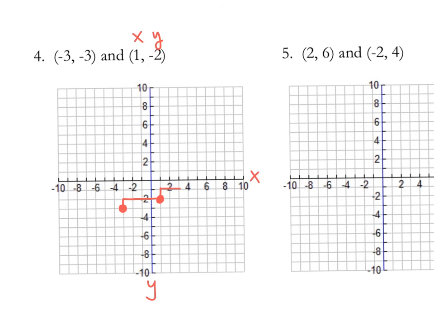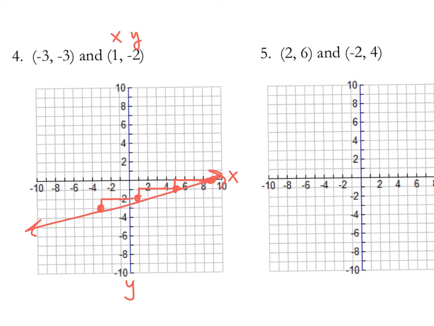Up 1, right 4. Up 1, right 4. And there we have our beautiful line. Uh-oh. Let's try that again. There we go.